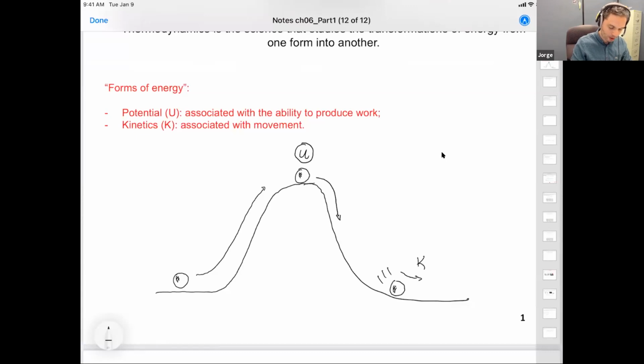So as you can see, potential energy and kinetic energy can be converted between each other, but those are the only two ways that energy can exist. Potential energy is always associated with a potential to produce work, potential to do something useful. Kinetic energy is associated every time you have movement, every time you have speed different from zero.